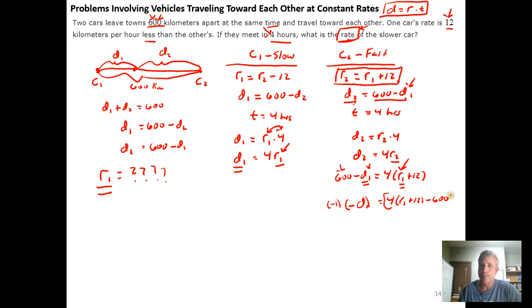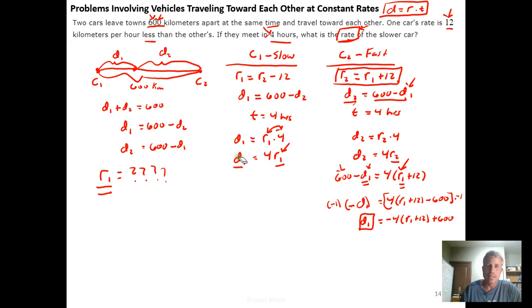If I do that, negative times negative is positive distance 1 equals, and this negative will distribute into the 4. So I'll get negative 4 times rate 1 plus 12. And then negative times negative is positive, so I get plus 600. So now I have distance 1 isolated.